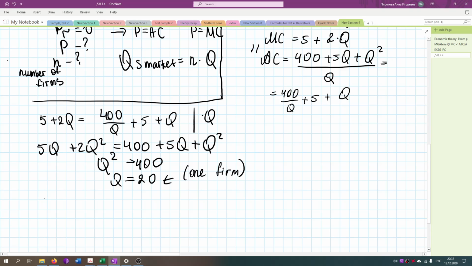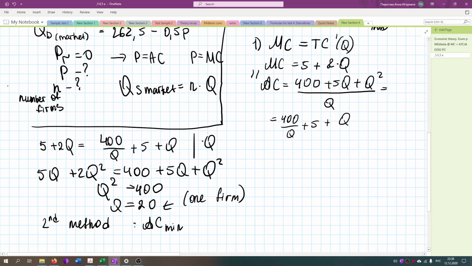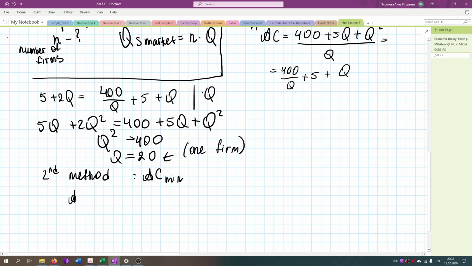Actually, there is the second method, and it is not about equalizing, it is about finding AC minimum. And we need to find the first derivative of AC. It will be equal to minus 400 divided by Q squared plus 1.